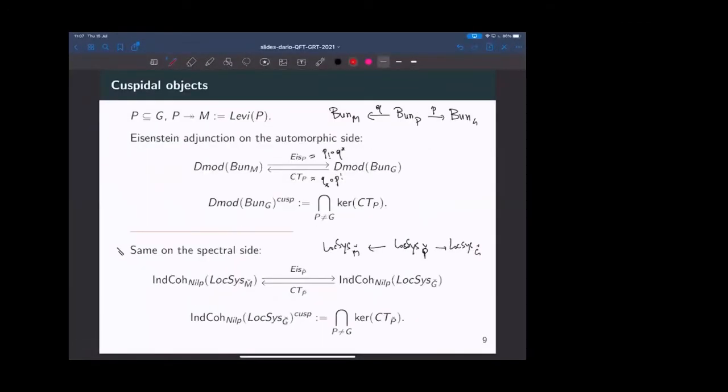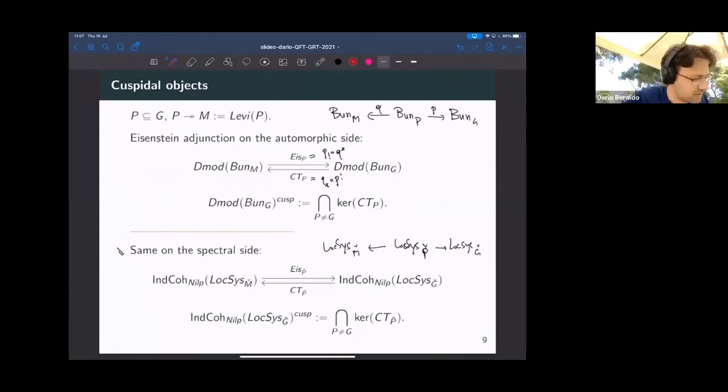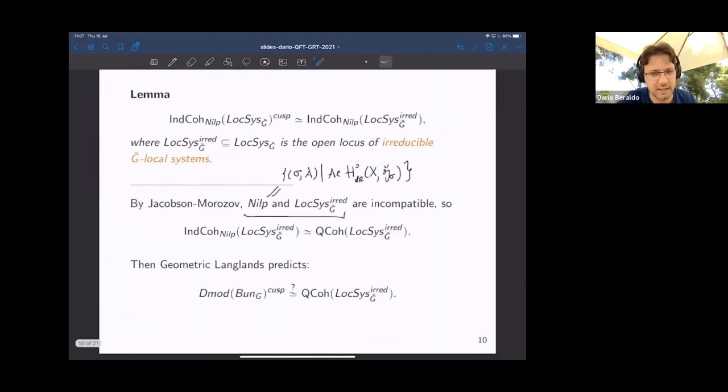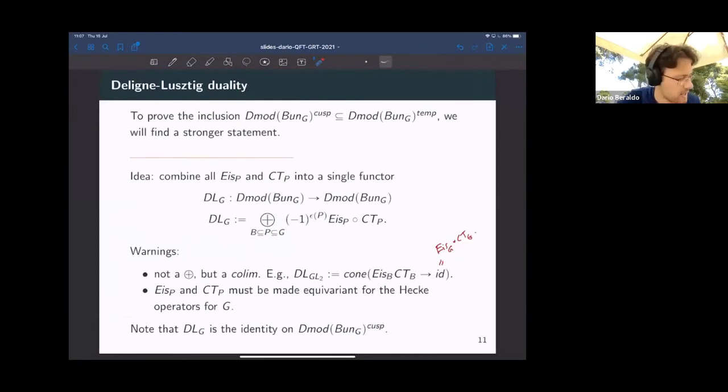Here I have equioperators for G acting. Here I don't have equi for G, I have equi for M. So it doesn't make sense to ask for equi for G acting on both sides at this moment. But there is a canonical way to modify them, to enrich them so that they get an action of equi for G. And so there is accordingly a canonical way to modify these functors. And those are the functors I use. So, a technical remark that is irrelevant.